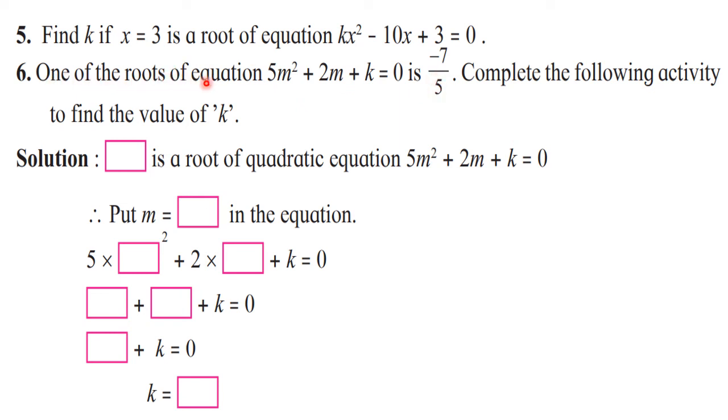One of the roots of equation 5m square plus 2m plus k is equal to 0 is minus 7 upon 5. So this is the root. So what will come here? Minus 7 upon 5. Now, since it is a root or a solution of this equation, it is going to satisfy the equation. So, whenever it is given as the root, we can substitute that value in place of the variable.